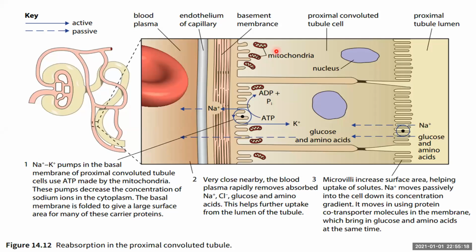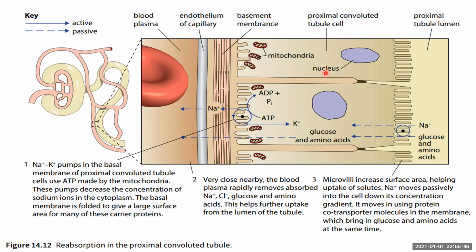Okay, so this is the cuboidal epithelial cells of the PCT that you're looking at, right? The part which faces the lumen is known as the apical part of the cell. It contains many microvilli, which you can see here, right? Then you can see this cell has many mitochondria for active transport, right? The layer that faces the endothelium of the capillary is known as the basal layer, right?